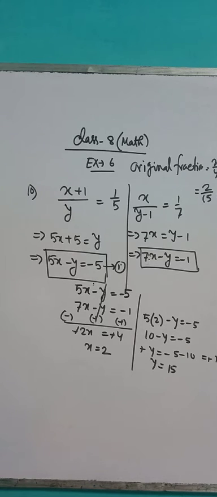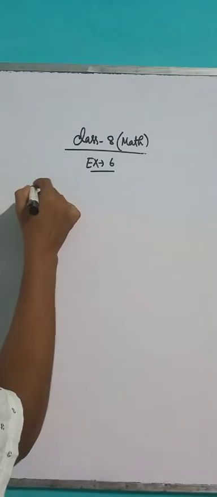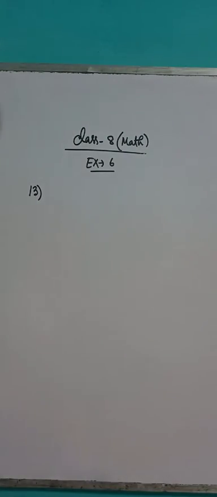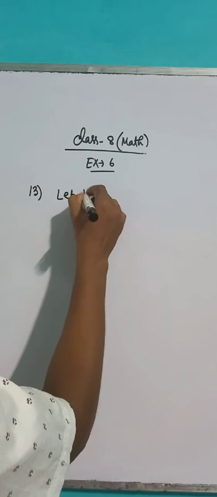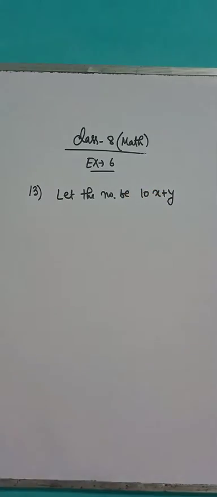Next, another math. Question number 13. If a two-digit number has the sum of the digits 7, let the number be 10x plus y.